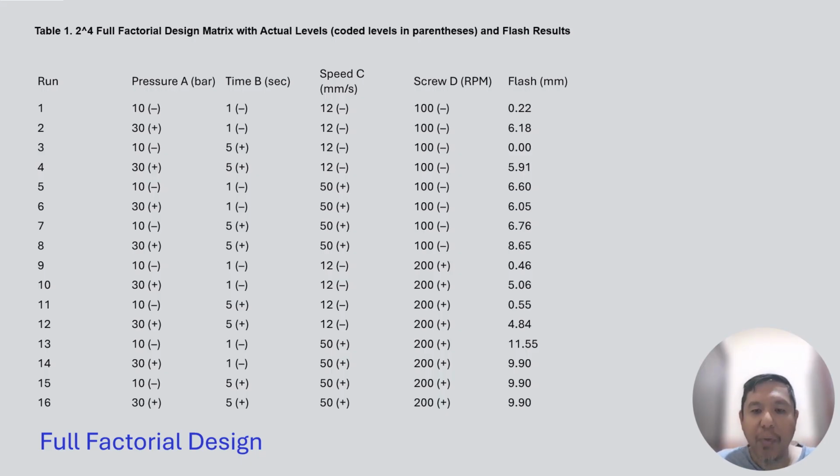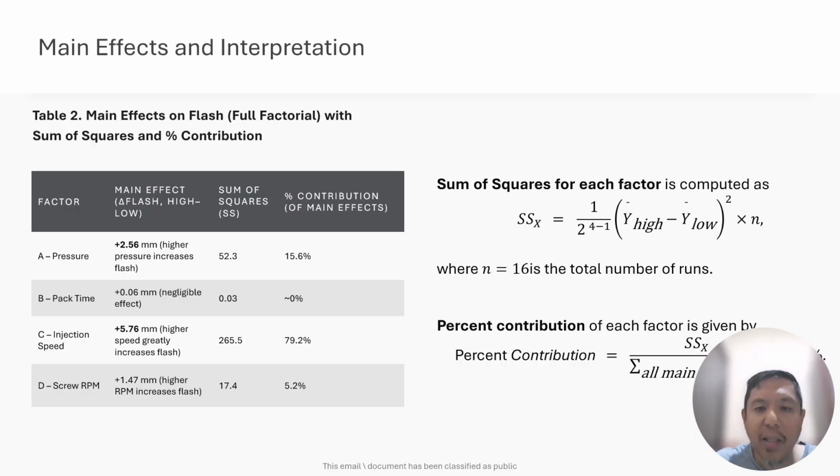For example, run 1 was A low, B low, C low, and D low. For each run, we measured the resulting flash on the part. So the data range from as low as 0.22 millimeters of flash up to about 11.5 millimeters in the worst case.